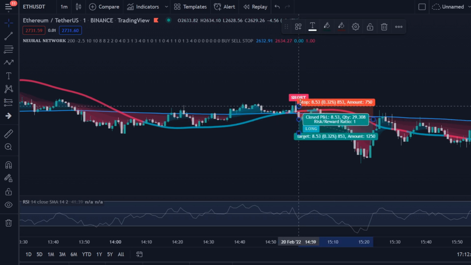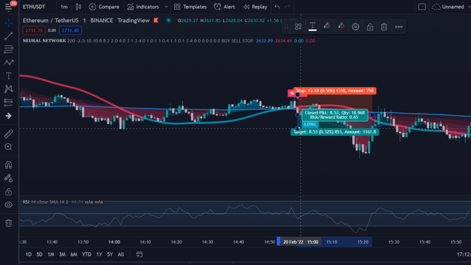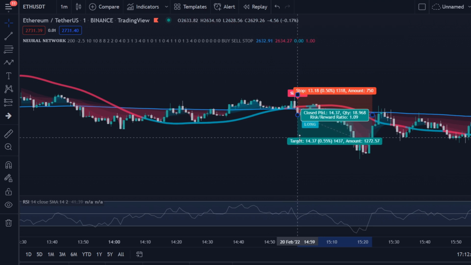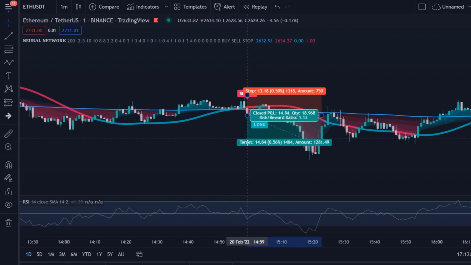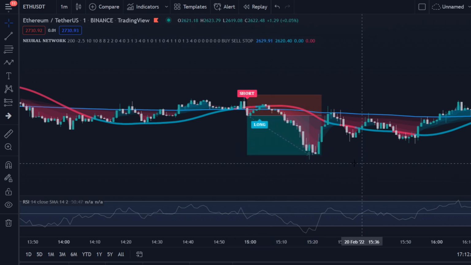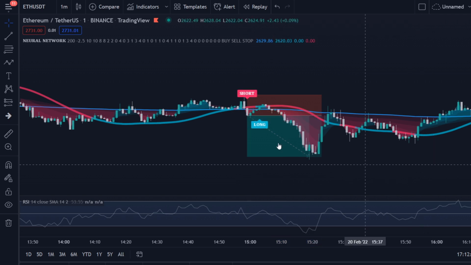So we take the trade, we place our stop loss above the latest high, which is about here or here even, and then we use a risk reward ratio 1:1. So over here this was a winner, and eventually it turned out to be almost a 2:1. Yeah, a 2:1 risk reward ratio trade.